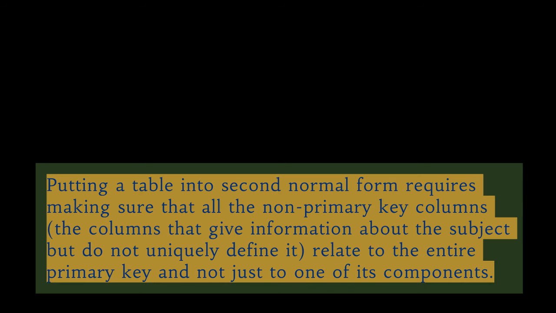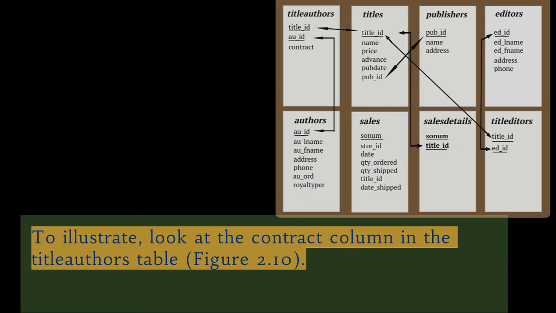Putting a table into second normal form requires making sure that all the non-primary key columns, the columns that give information about the subject but do not uniquely define it, relate to the entire primary key and not just to one of its components. To illustrate, look at the contract column in the title authors table, figure 2.10.